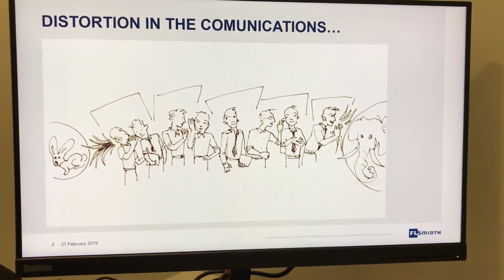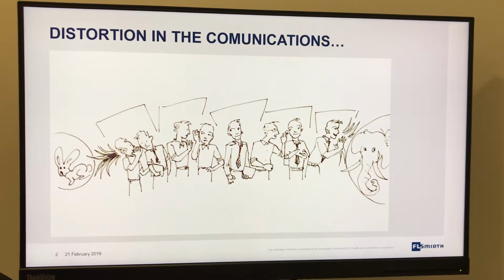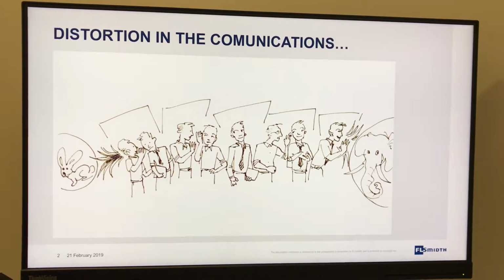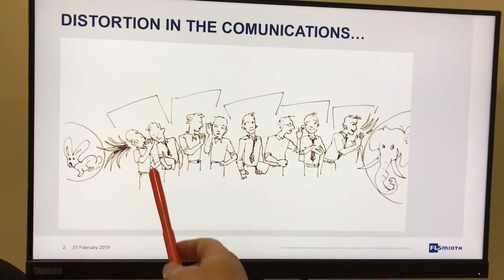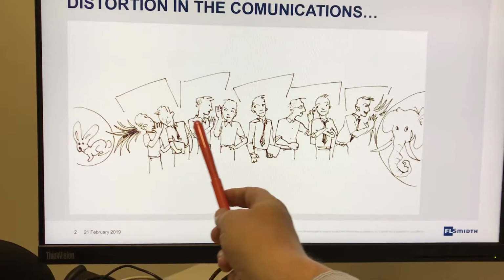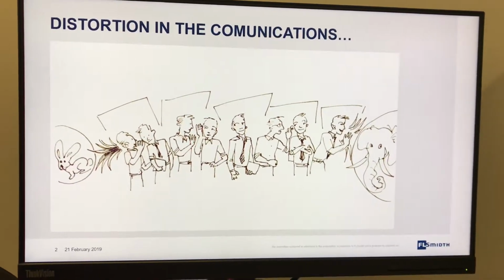Typically in mining, in the relationship between the customer and the vendor, there is a lot of distortion in the communication. Sometimes it becomes a game where somebody says something and at the end something completely different comes out.